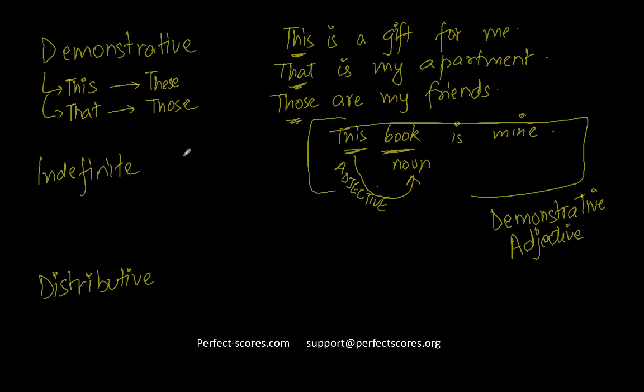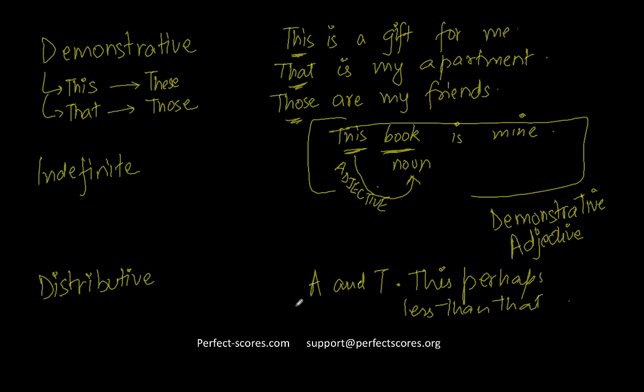And similarly, you can use words like those. Those people are here. Or these people are asking something. And what about this kind of example? Alcohol and tobacco are both injurious. This perhaps less than that.